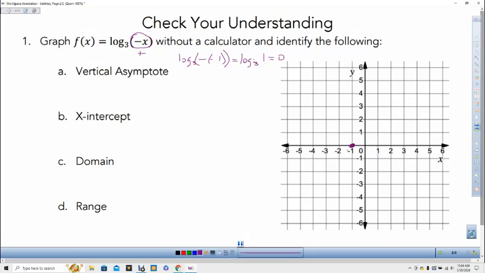So if you think back to our transformations and flips and reflections, what happened when we went from f of x to f of negative x? Well, it took everything that was happening over on this side when x was positive, and now it makes it happen over here where x is negative.